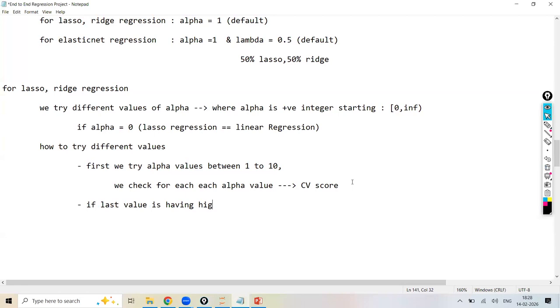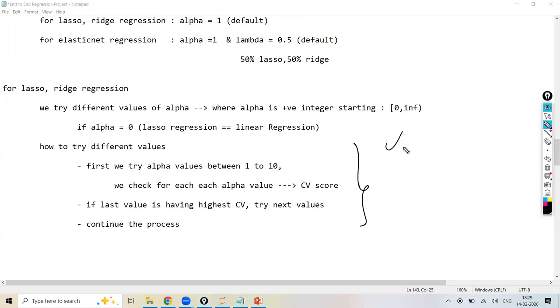If the last value is having the highest CV, then in that case, try the next values. Like that, you have to increase every time. Continue the process till you get the best alpha. Now tell me guys, according to this, understood or not, everyone?